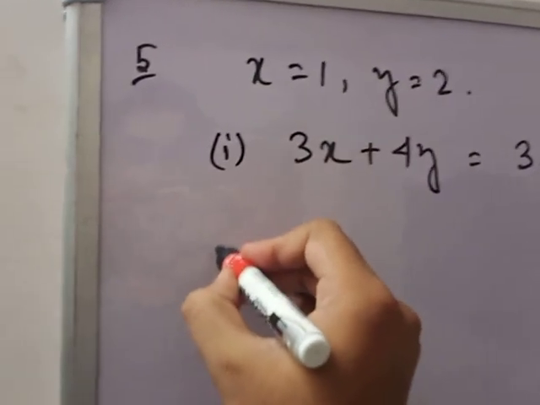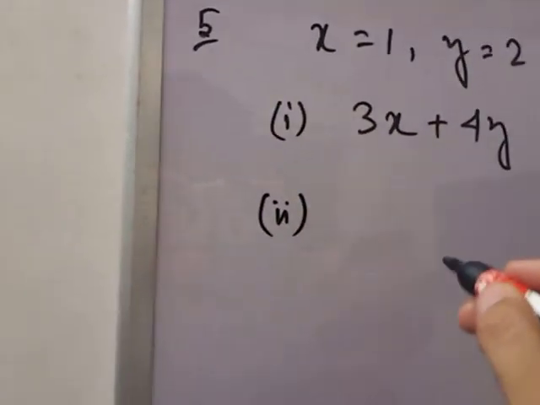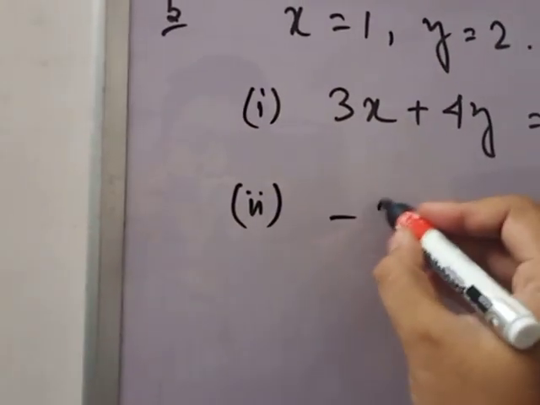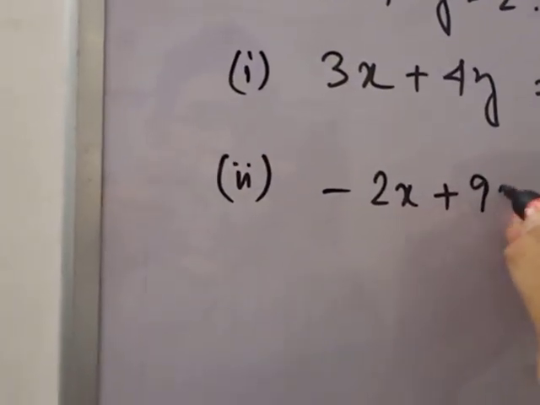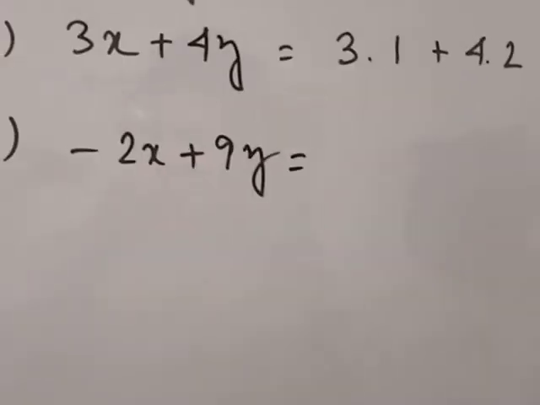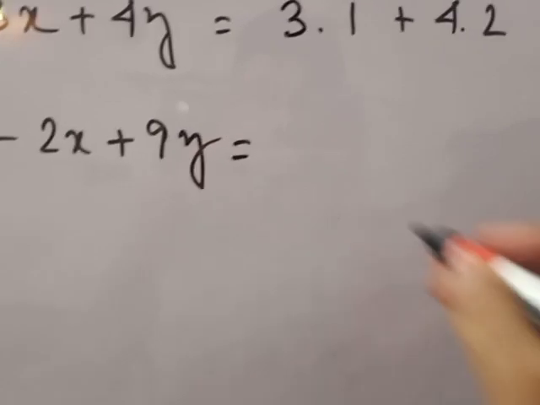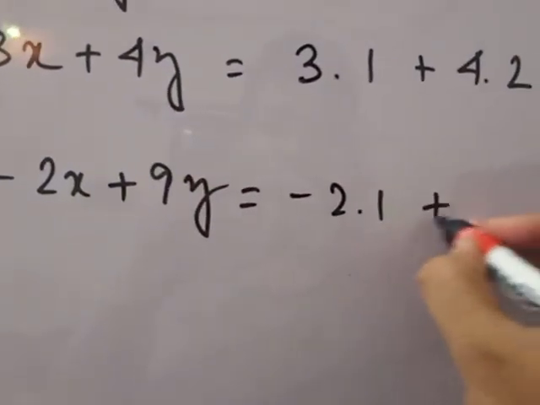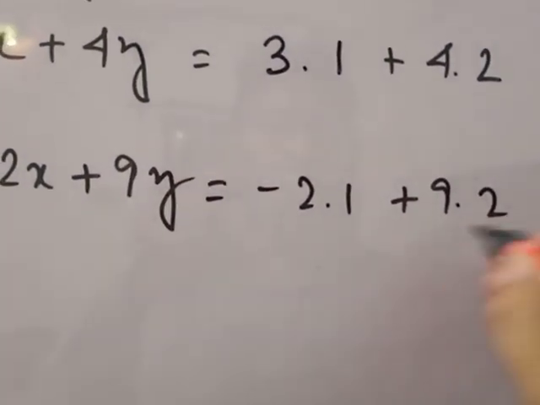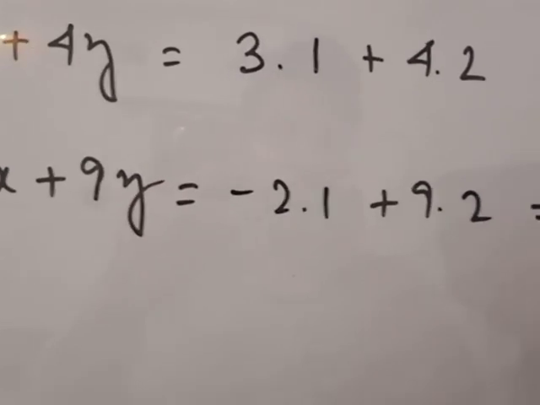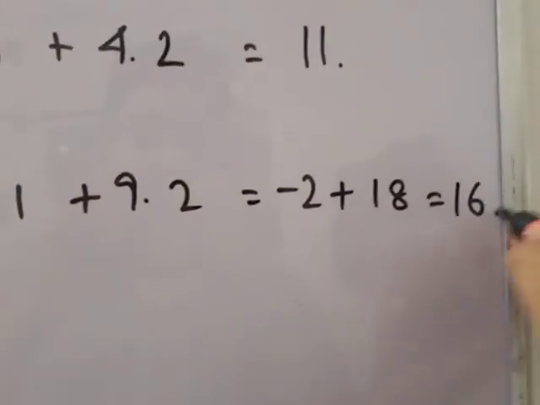Next problem, number 2. Minus 2x plus 9y. So minus 2 into 1 plus 9 into 2. So see that minus 2 plus 18 equals 16.